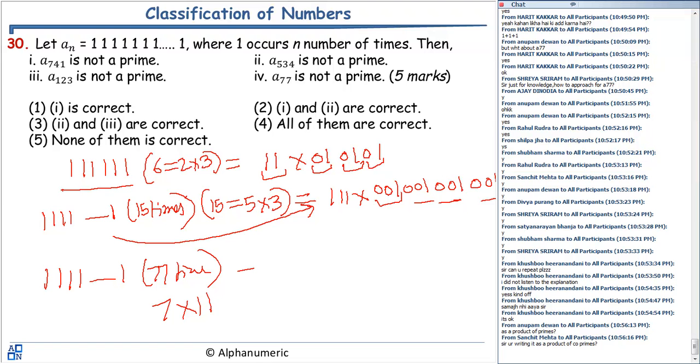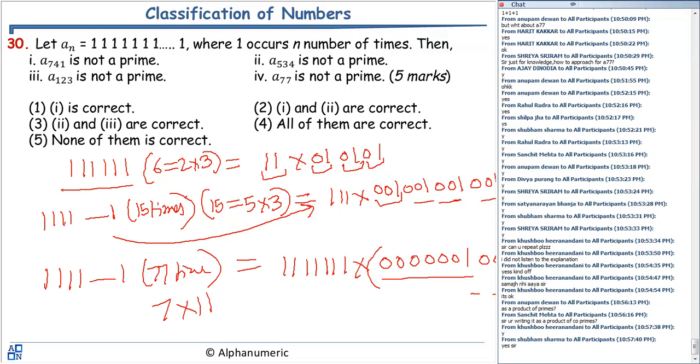So I can write 7 times 1 into 0000001 and then 0000001 and so on, 11 times. It is basically the bracket part of the factorization I did in the previous method. Is it clear to all of you now how to factorize any number in which all the digits are the same?